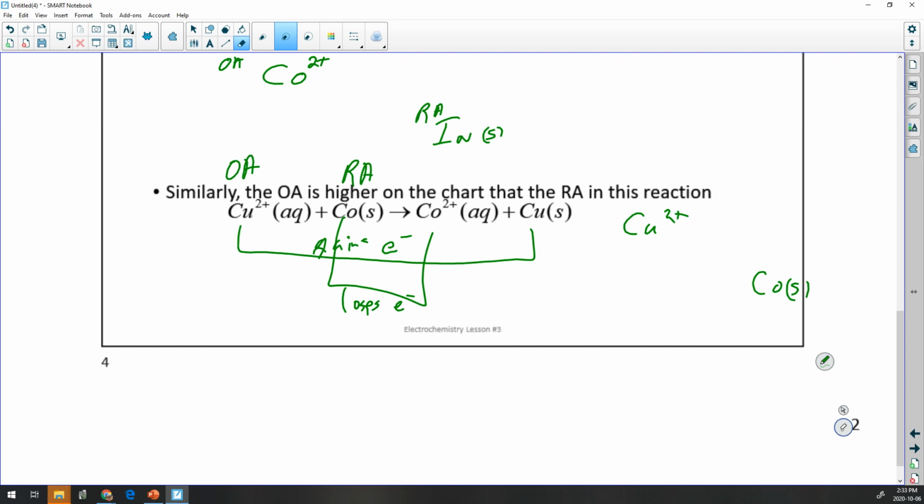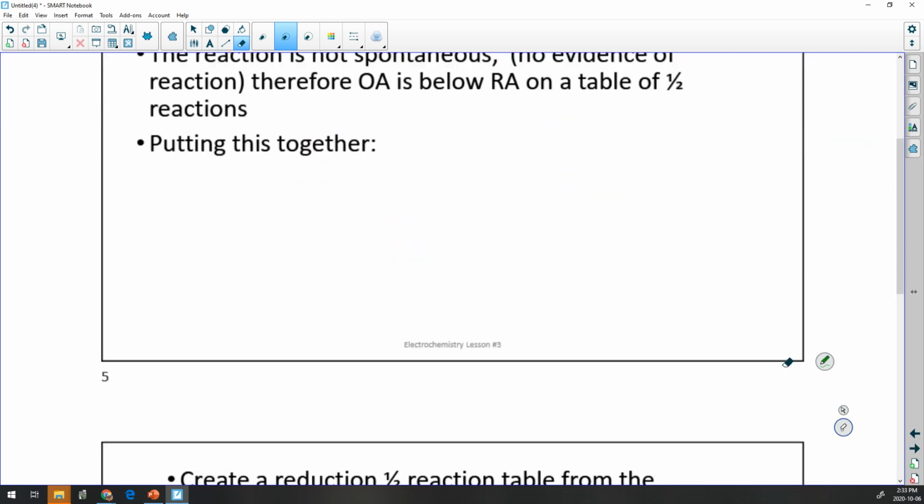Now, if I'm doing this in the order that the reactions occurred, I'm going to put the cobalt 2 plus above the indium. And I have an OA column and an RA column. So I arrange that for my first guy. The cobalt solid is going to fall in the same line as the cobalt 2 plus.